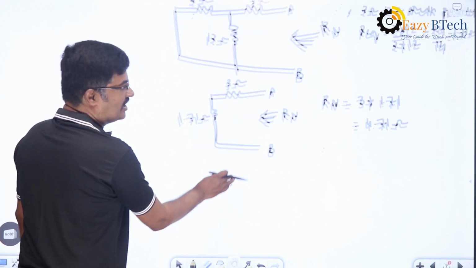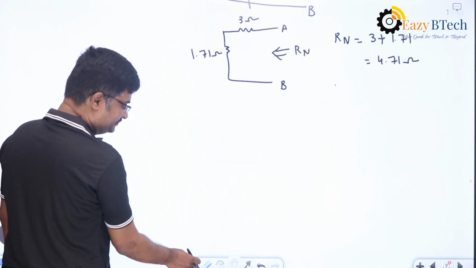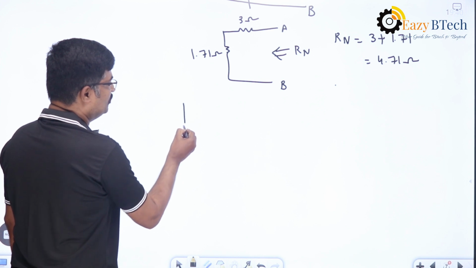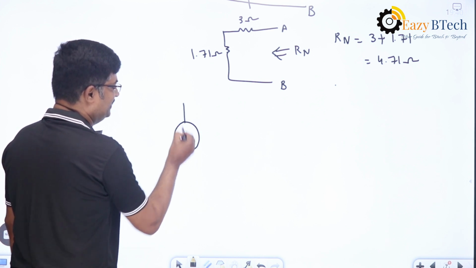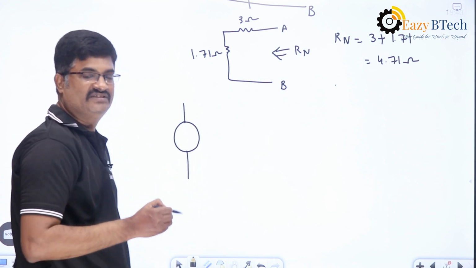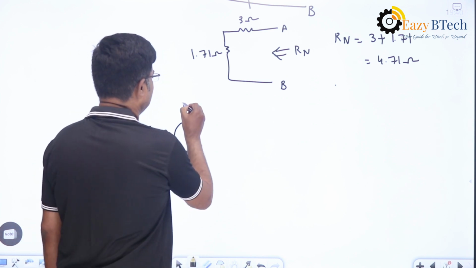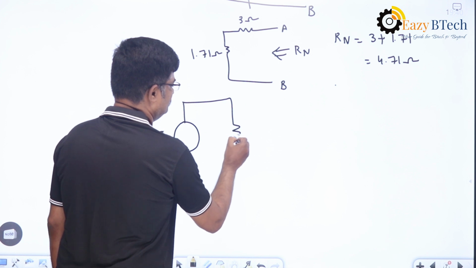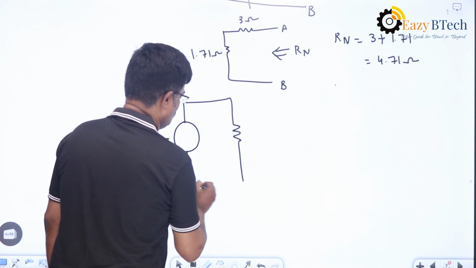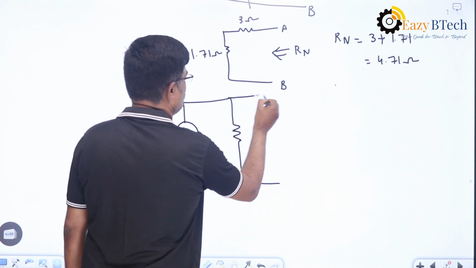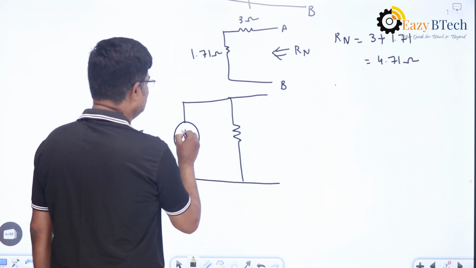Now according to Norton's theorem, the total circuit should be simplified by a simple equivalent circuit having a current source in parallel with a resistance. So this is the current source.